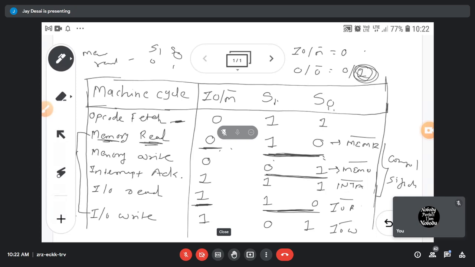Write next. This is used as a general purpose interrupt.